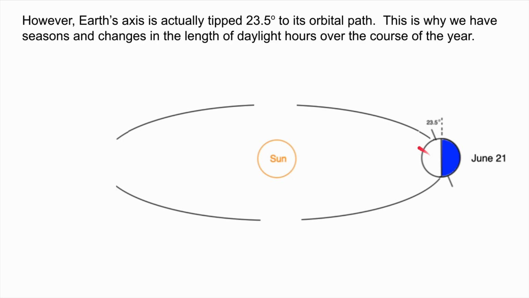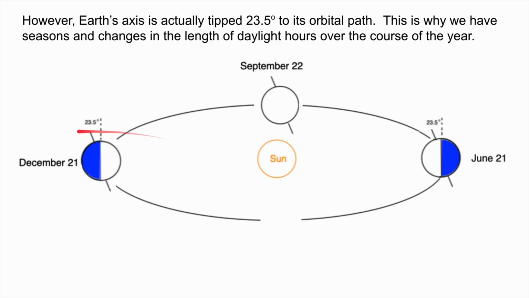So let's follow the Earth around for 1 year. So we started June 21, we come over to here, now it is September 22nd, and at this point, this axis is tipped neither towards nor away from the sun. And then if I keep going around, I find that at December 21, the northern hemisphere is now tipped 23.5 degrees away from the sun, and it's the southern axis that's tipped 23.5 degrees towards the sun.